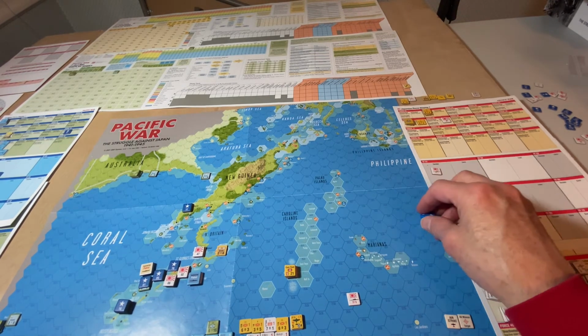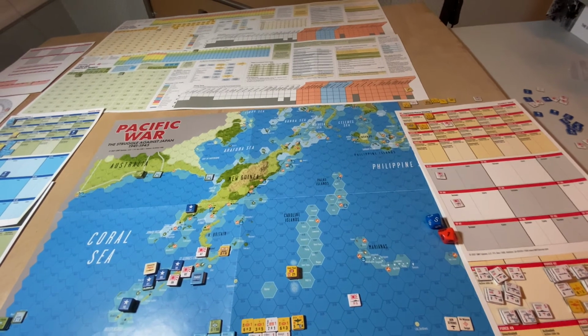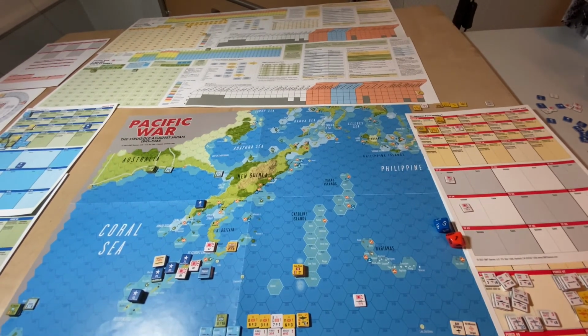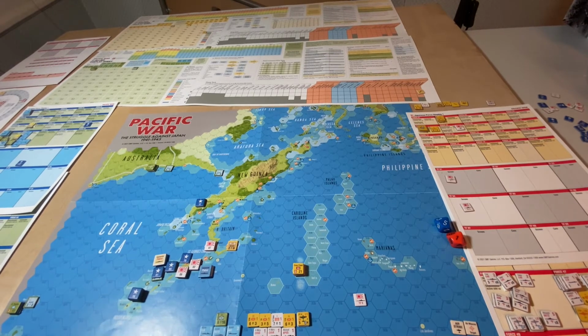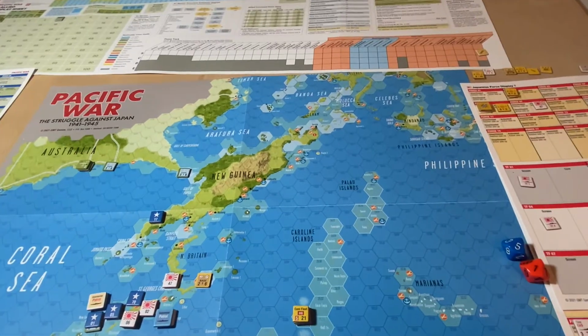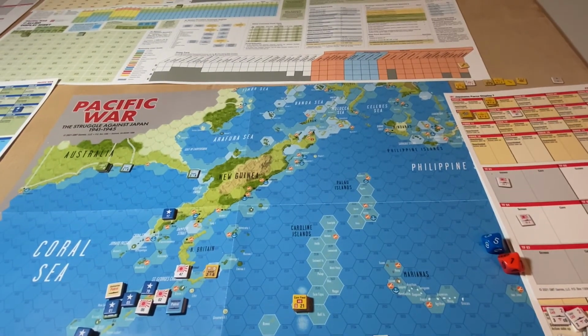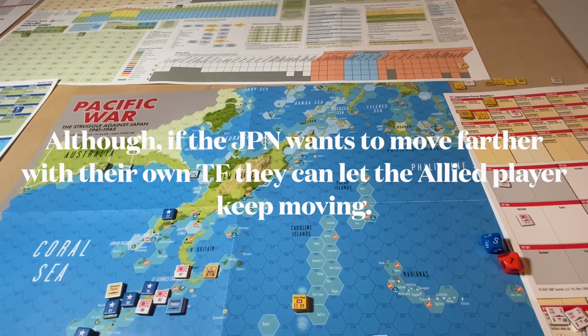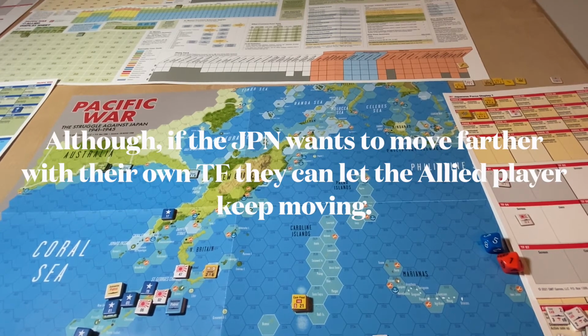And that isn't necessarily great in the contact phase, because if there's close quarters, once the first task force is detected by the Japanese, they can stop all movement, at least naval movement.